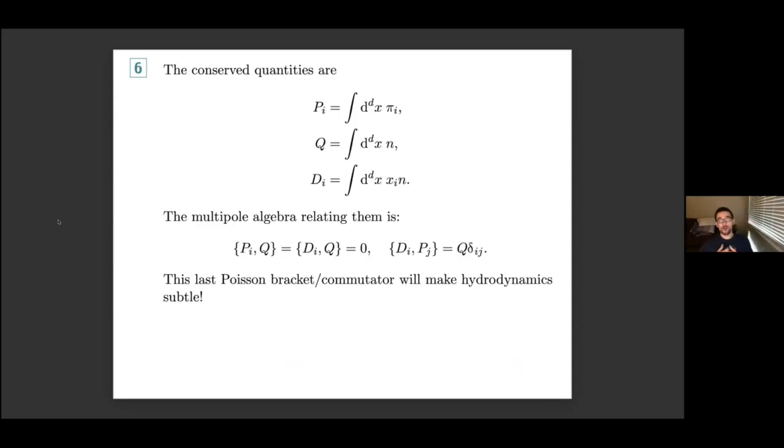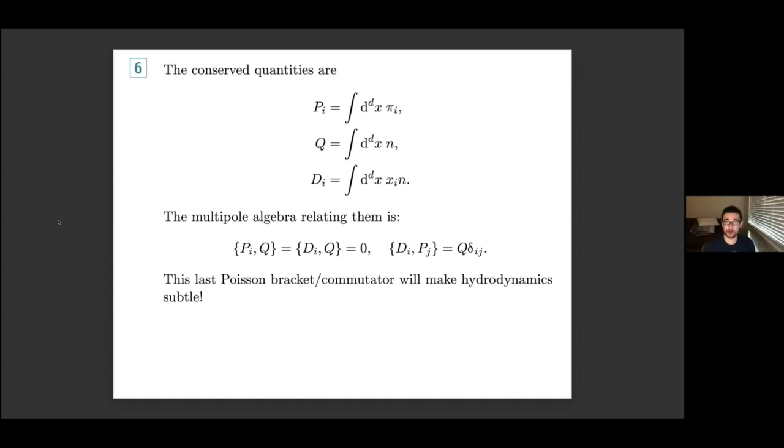Okay, so let's think about what we might expect before we get started. We're interested in the hydrodynamics of a theory where the conserved quantities are the momentum, capital Pi, which is the integral over a momentum density π_i.